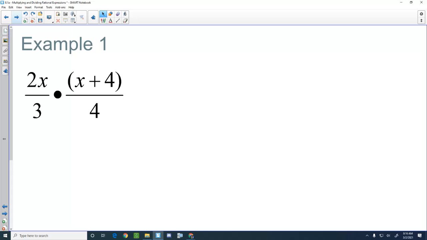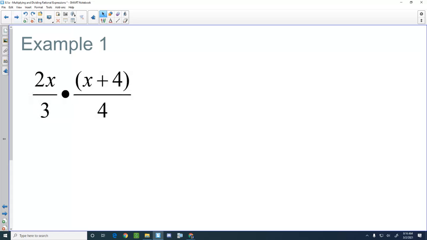So here's an example of a rational expression times another one, right? We got some fractions here. Go ahead and write this down. 2x over 3 times x plus 4 over 4. So I'm multiplying two fractions.